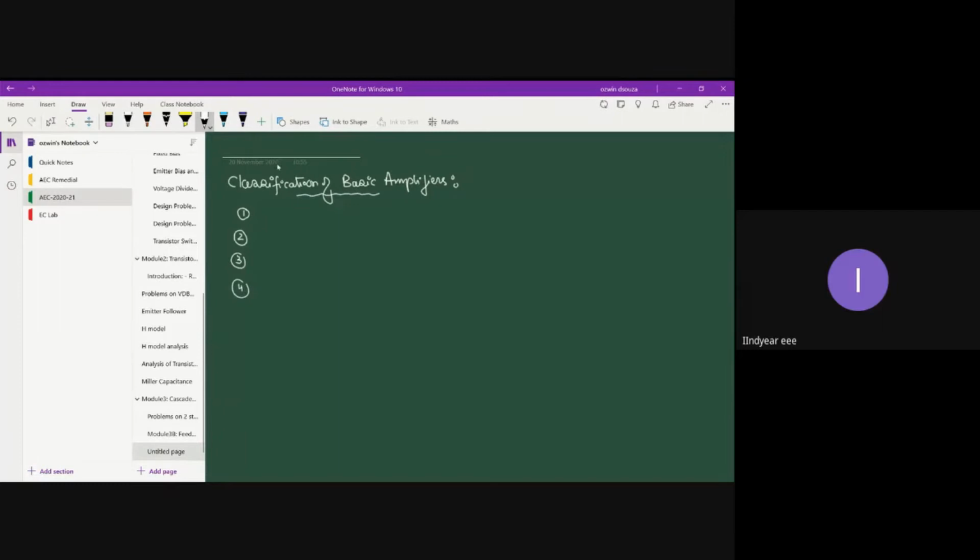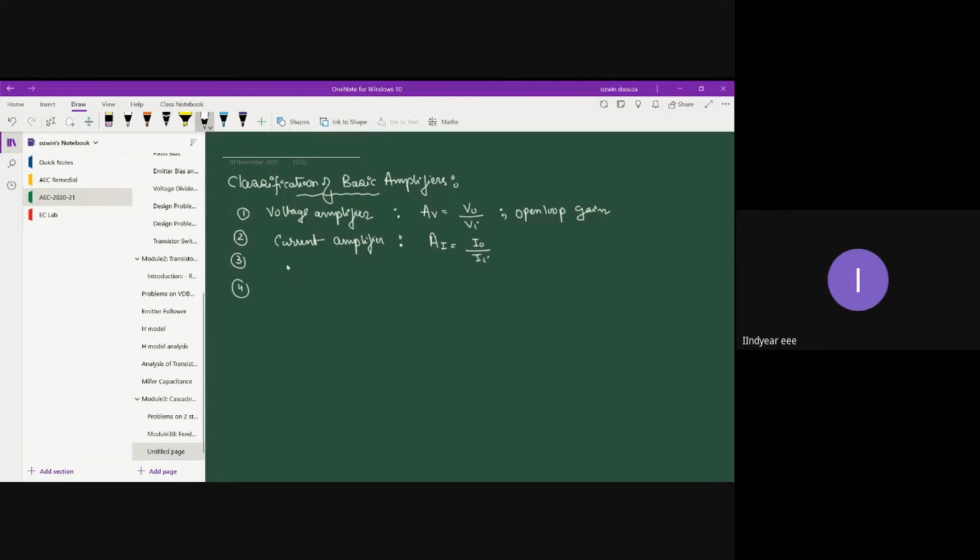The first type is your voltage amplifier, whose open loop gain AV is given as V0 by Vi. Let me just write this as open loop gain. And then we have current amplifier, whose open loop gain is taken as AI, which is I0 by Ii.